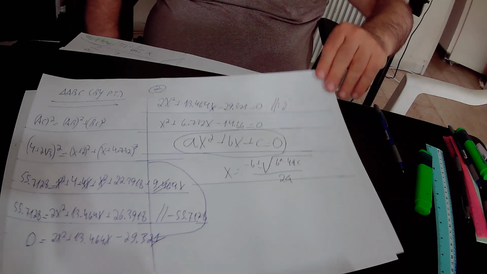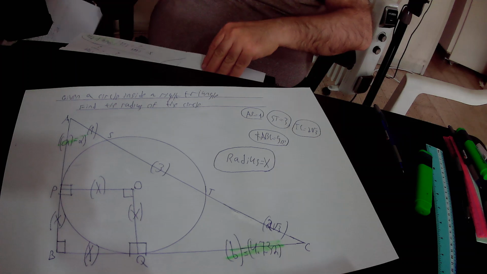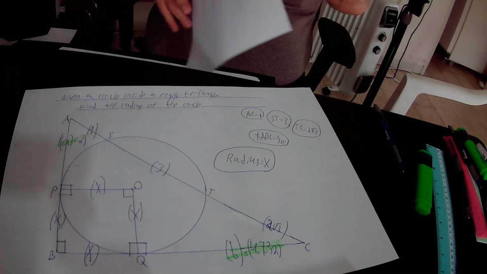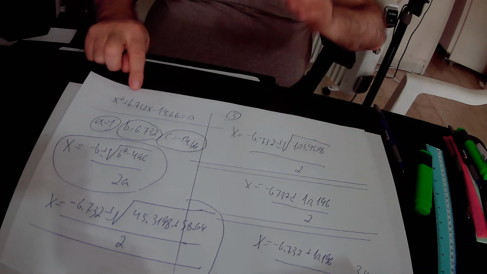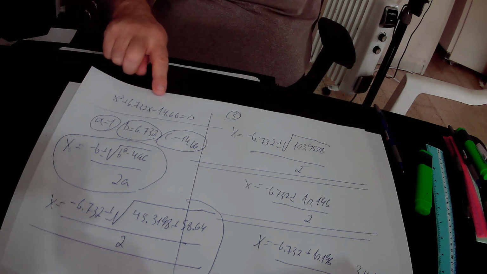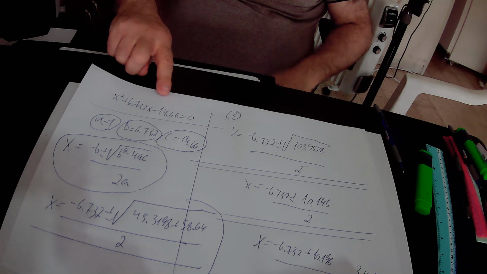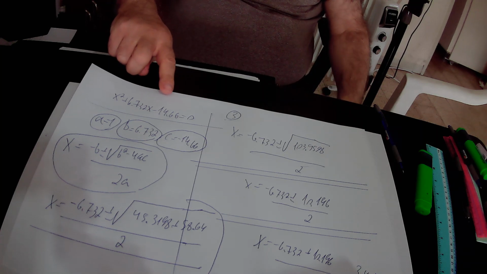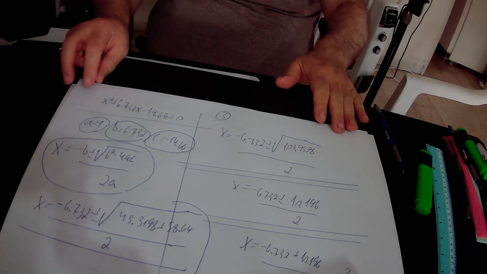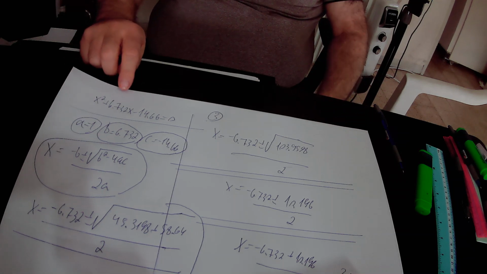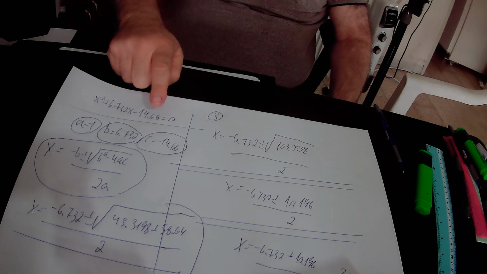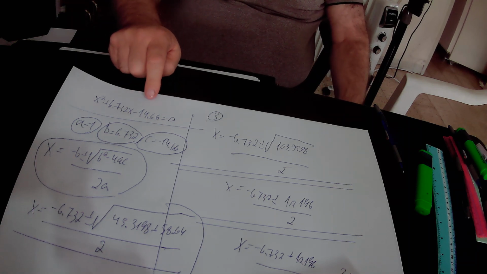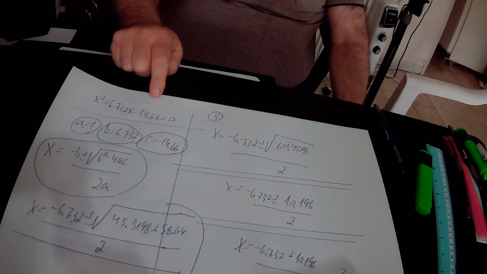In our specific quadratic equation, that is to say, x squared plus 6.732x minus 14.66 equals 0, the coefficient a equals 1, the coefficient b equals 6.732, and finally the coefficient c equals minus 14.66.